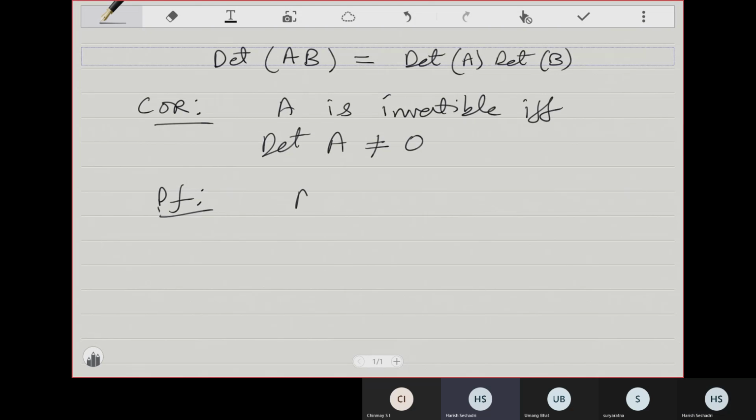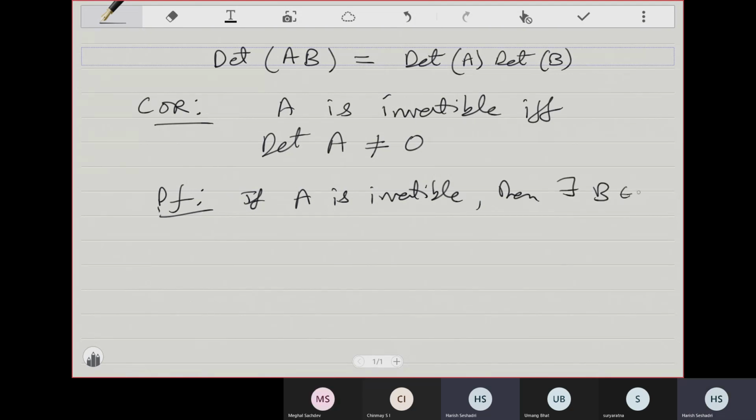So if A is invertible, by definition, there exists B such that AB equals BA equals I.